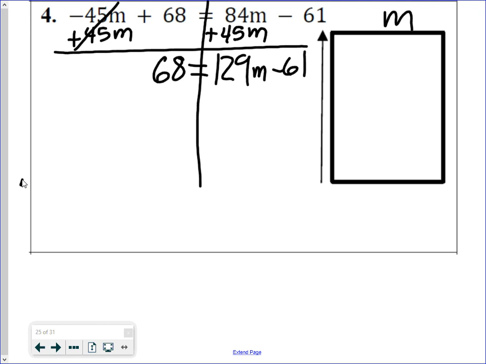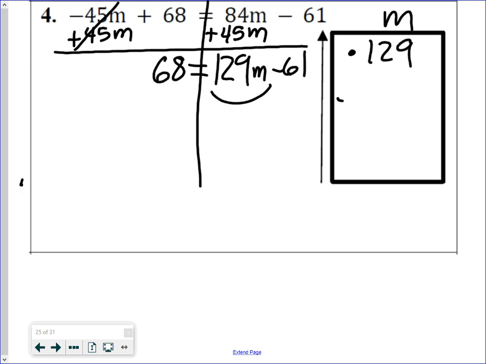Now that we've gotten this far, we've combined, we moved the smallest variable to the other side. Our variables are combined. I can now use my box. So let's use the box. First thing happening to m is it's being multiplied by 129.